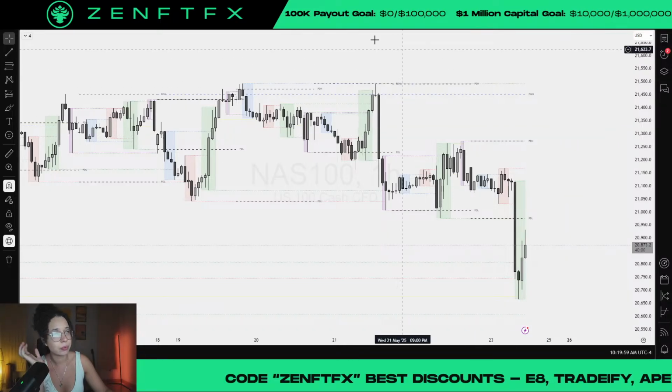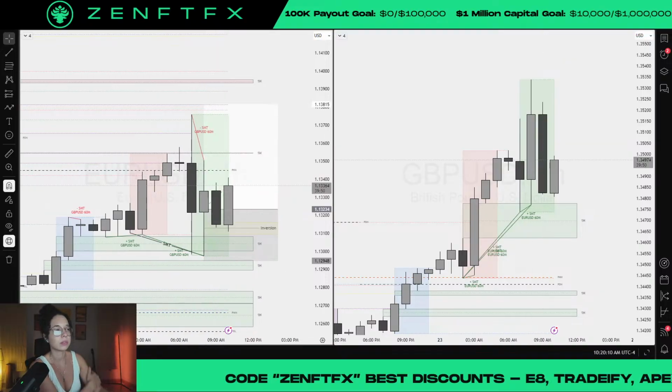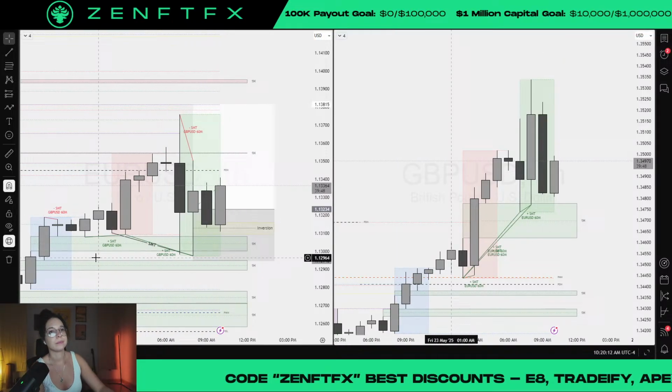Nas just moves too aggressively for me, which sucks because those moves can pay. Same with gold, oil. But I haven't had a lot of really good results, even backtesting them.